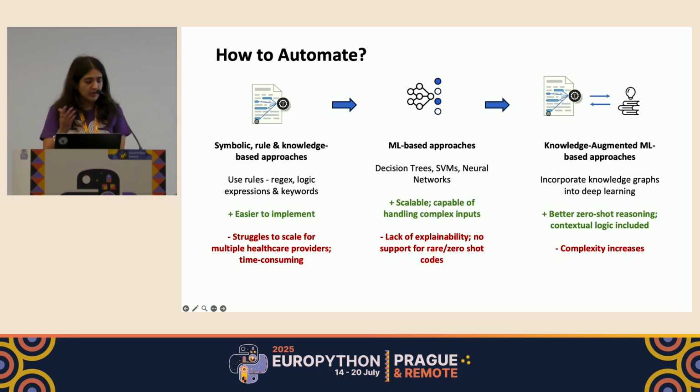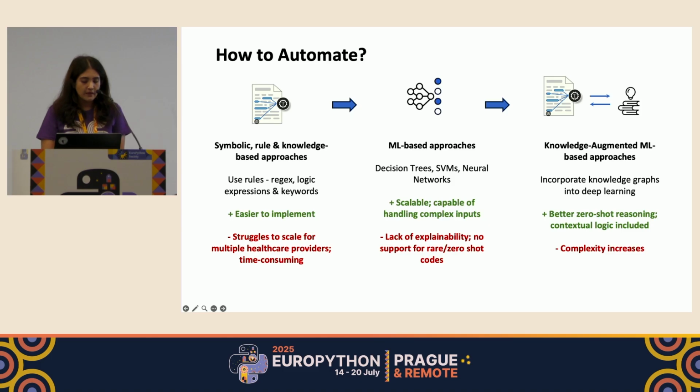Then the community moved to ML-based approaches, where decision trees and neural networks started to be used. It is scalable and capable of handling complex inputs. However, there's a lack of explainability and no support for rare or zero-shot codes. We know that with ML methods, what you give in, you get out. So if a certain code is not in the training data, you would never get it in prediction.